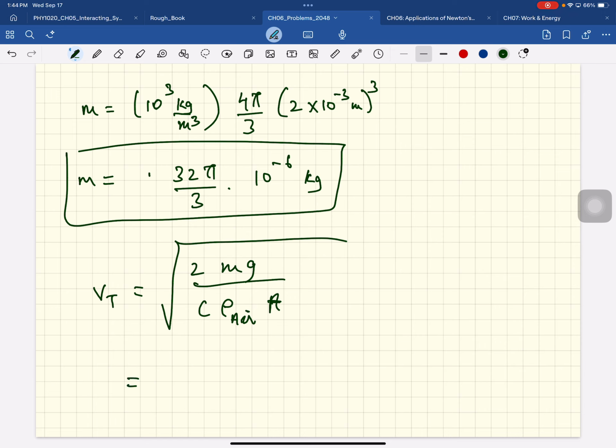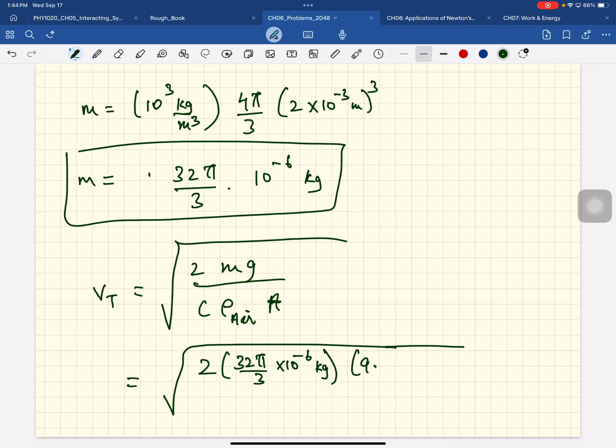So the mass is 32 pi by 3 times 10 to the minus 6 kg. g is 9.8 meters per second squared. C we'll take to be half.